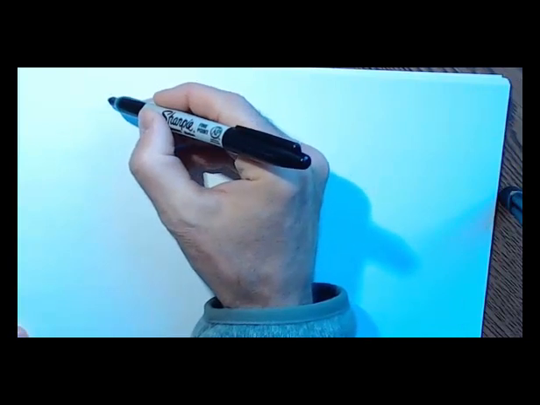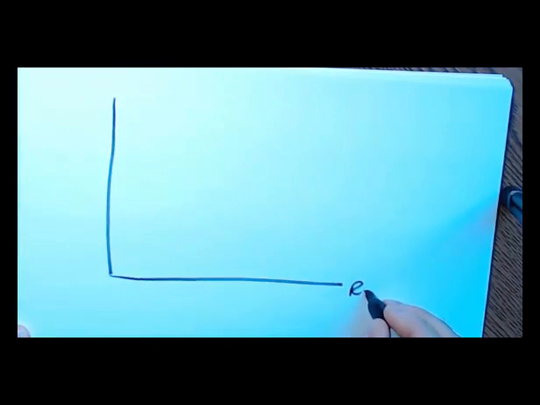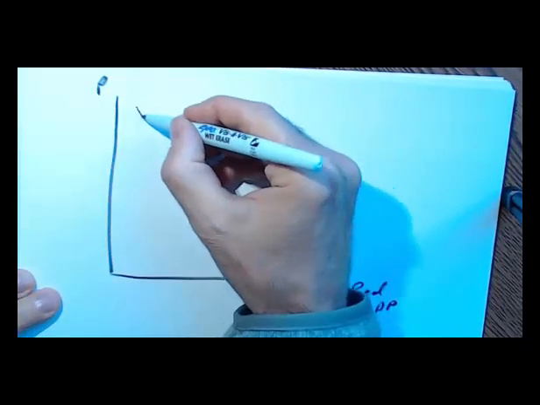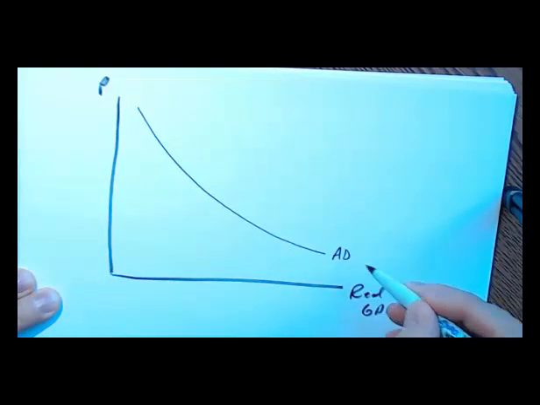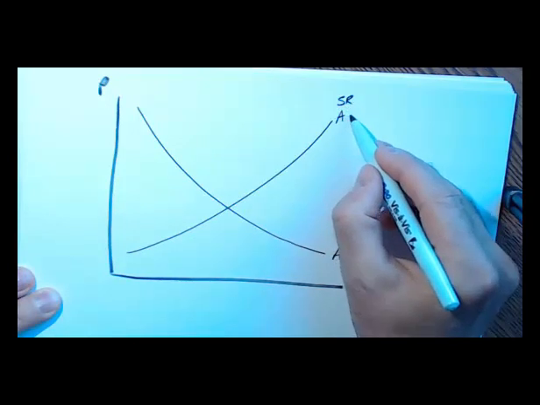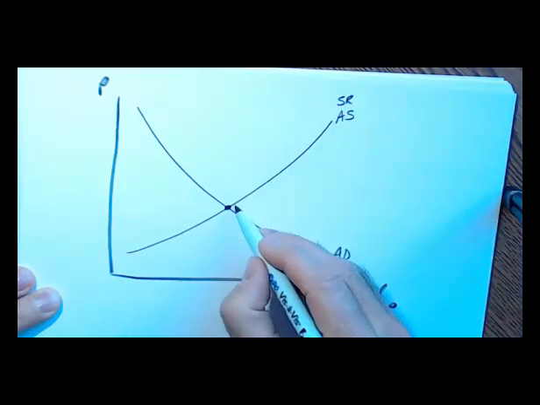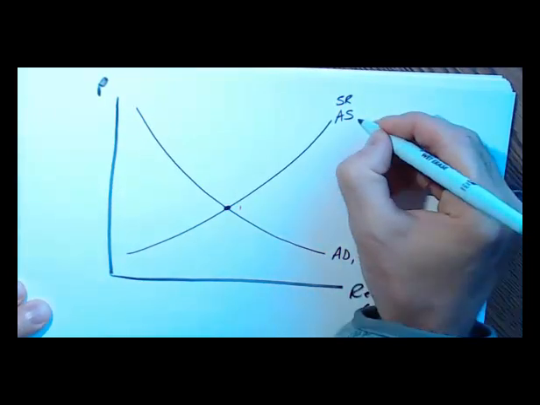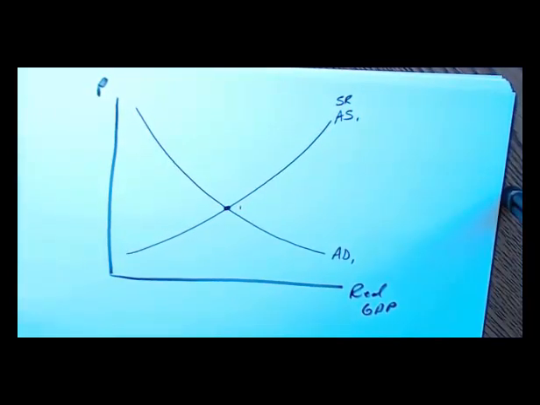Here we have our standard real GDP, aggregate price level graph, with aggregate demand and a short-run (SR) aggregate supply curve, equilibrium point 1. So this is aggregate demand 1, aggregate supply 1, just to make sure we're all on the same page.